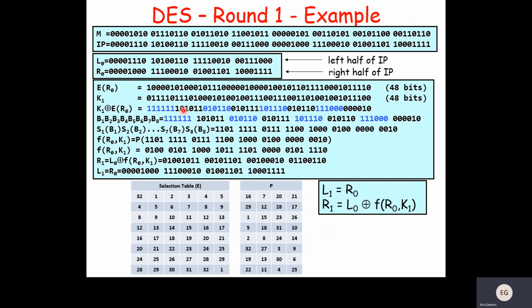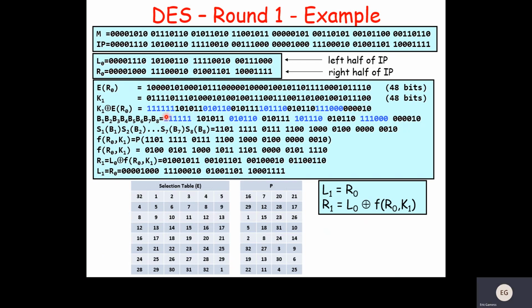Now I put 2 colors because I need to break them in groups of 6 bits. So the first 6 bits will be called B1. Then the next 6 bits are B2, B3, B4, B5, B6, B7, and B8.